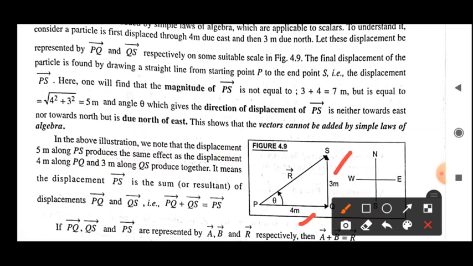Now if you look at the position of our particle from the starting point, that is how much the particle is displaced, the displacement will be PS, not PQS. If you use simple algebra, you will add PQ and QS, so the displacement should be 7.